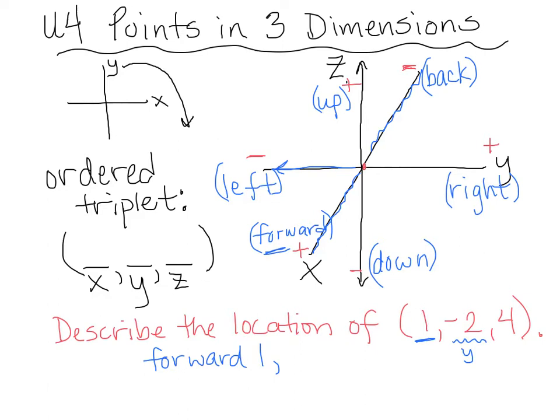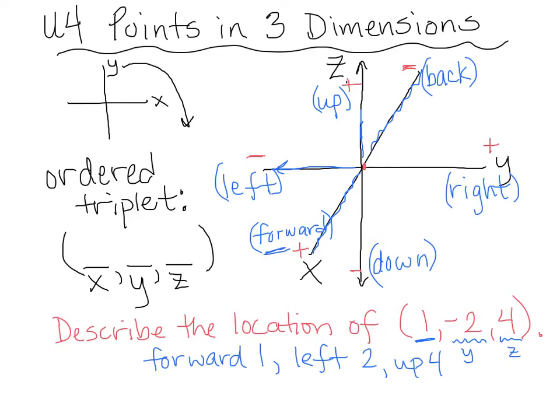So after going forward 1, we would go to the left 2 units. And then finally the 4 in the z coordinate spot meant moving up, right? Our z-axis goes up and down, and so we would go up 4. So knowing how to describe those 3 directions is eventually going to help us with plotting points as well.